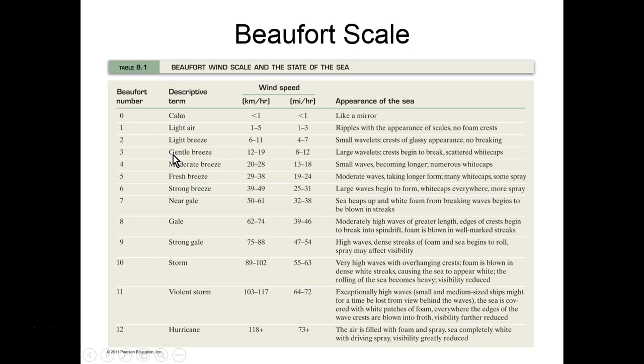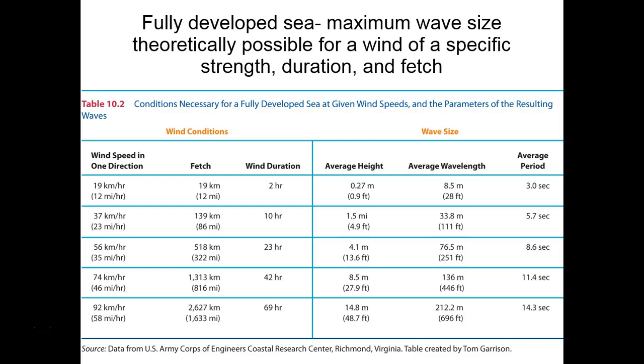White caps mean that the wave crests are breaking, meaning the wave crests are falling over on themselves. Probably you're still pretty okay being in a small boat up to a Beaufort of 3, but above that, if you're in a small boat, then you're probably getting kind of uncomfortable. And obviously, you don't want to be out in a hurricane. And no, you don't have to memorize the Beaufort scale. Don't worry about that.